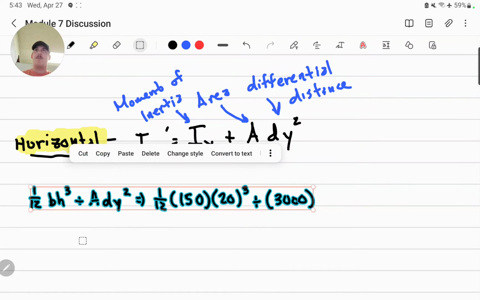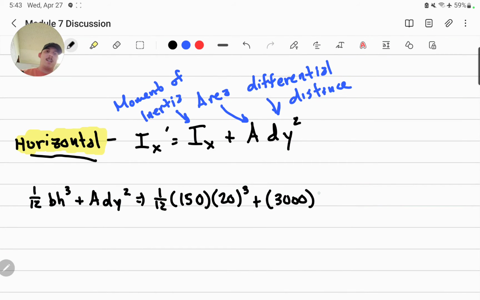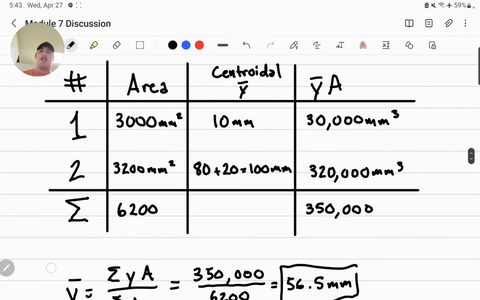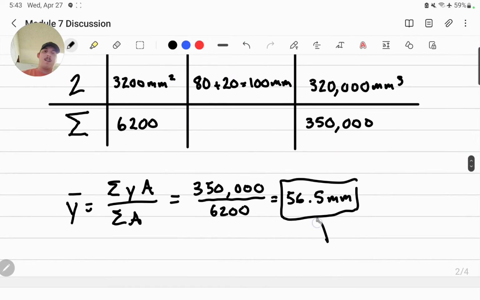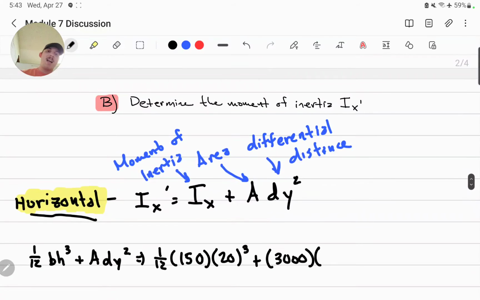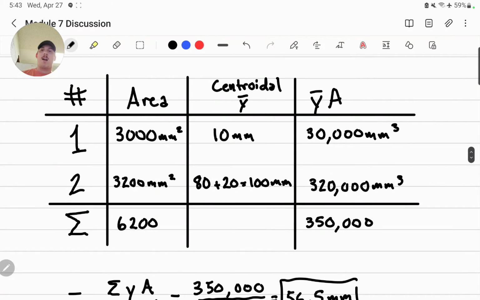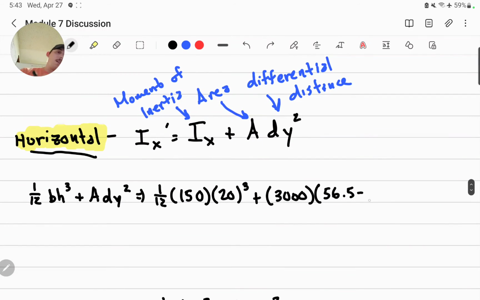My differential distance is my centroidal Y that I got here minus 10 millimeters, which is the centroidal Y for the horizontal portion of the bar, and then square that as well.